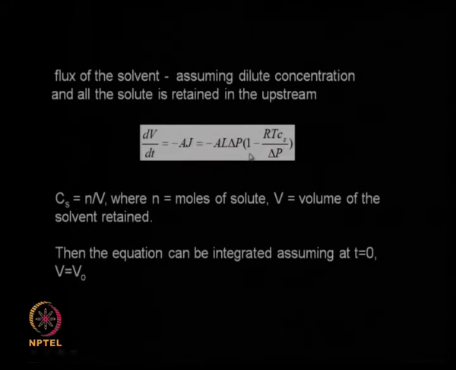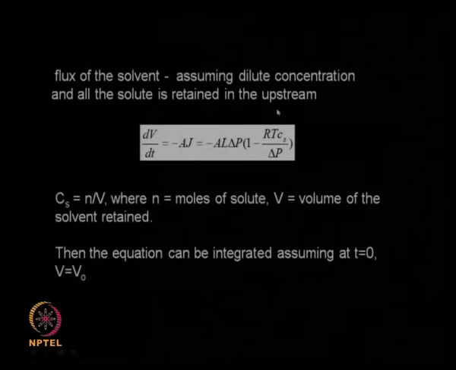So, J is given by L delta P times 1 minus the osmotic pressure value here, assuming S is equal to 1. Okay. We will look at this osmotic pressure later, how to define osmotic pressure in terms of concentration based on Van 't Hoff's relation. So, we will talk about that later, but for the time being we will assume this.